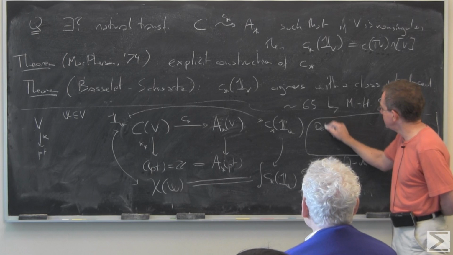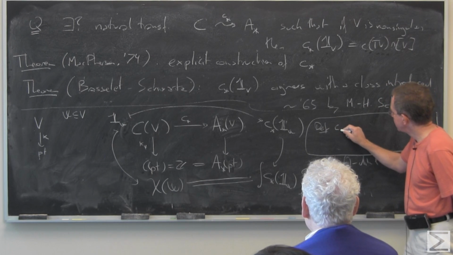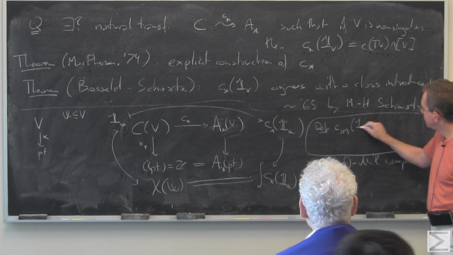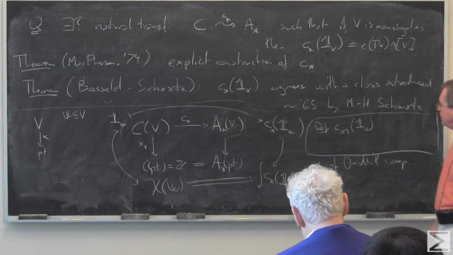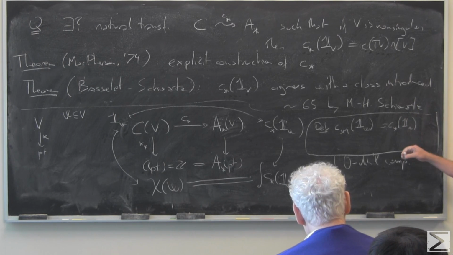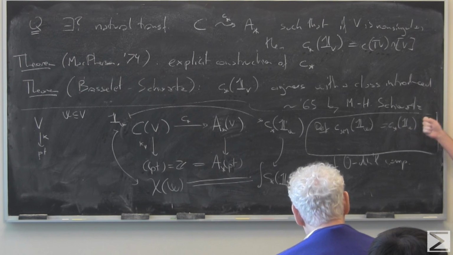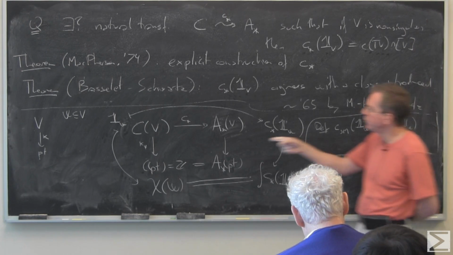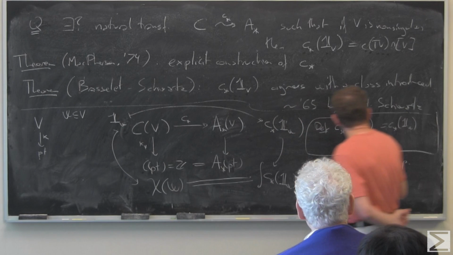And the definition, there are different notations for this, but it seems that this has become more or less standard. CSM of the function 1_W is defined to be C lower star of 1_W. And I've been kind of careful. By the definition, I should put this in the Chow group of W. But in fact, as soon as I have W inside V, I can put this in the Chow group of V, and I want to do so.